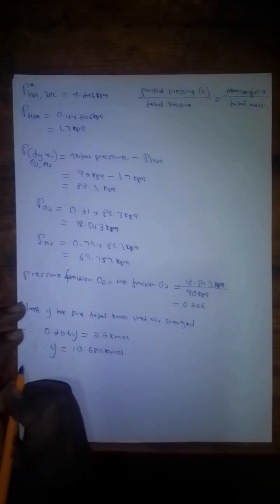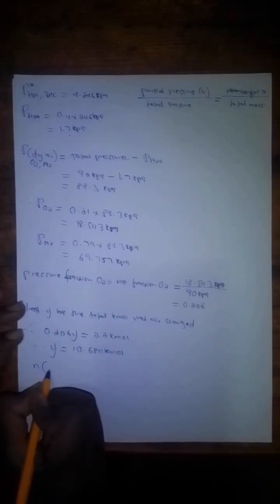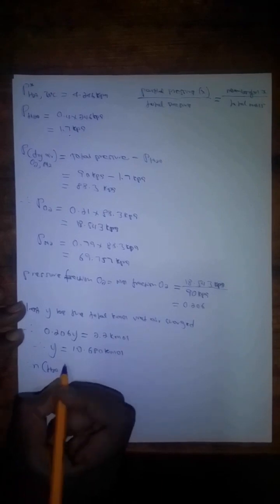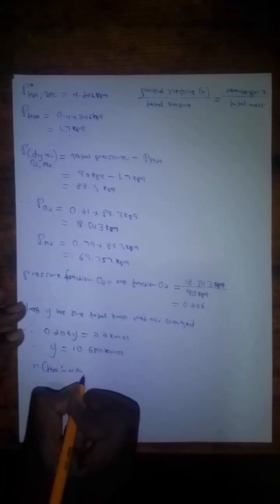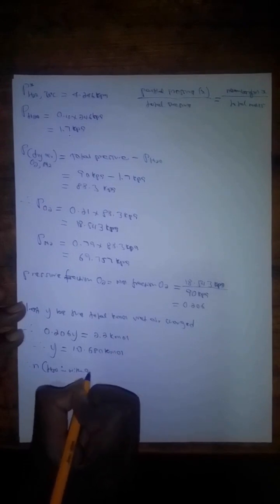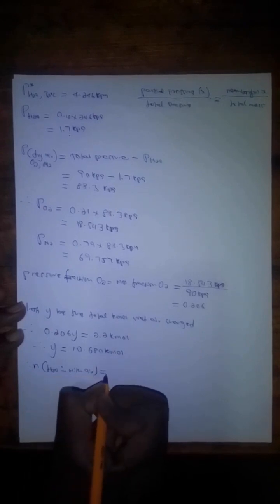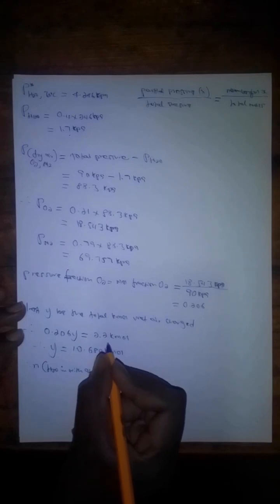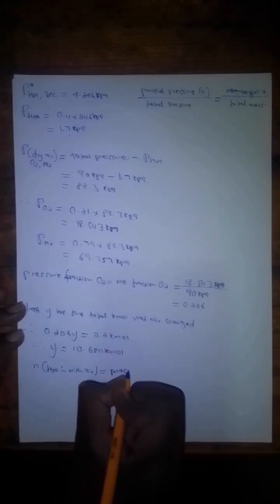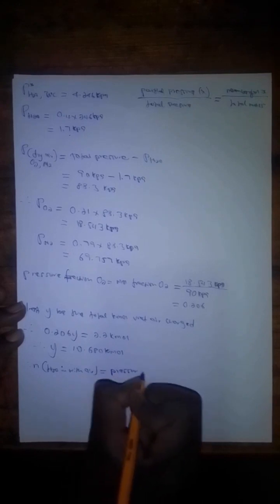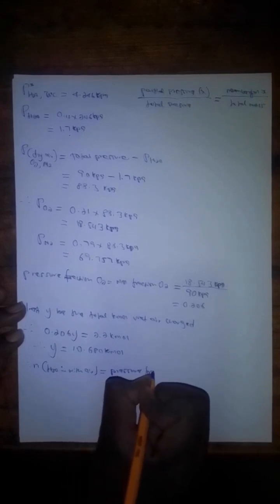So we can say, therefore, we know that the number of moles of H2O in the air is equal to the pressure fraction of water vapor, multiplied by the total kilomole of wet air. I just want to write it in full here so it's easy to follow.